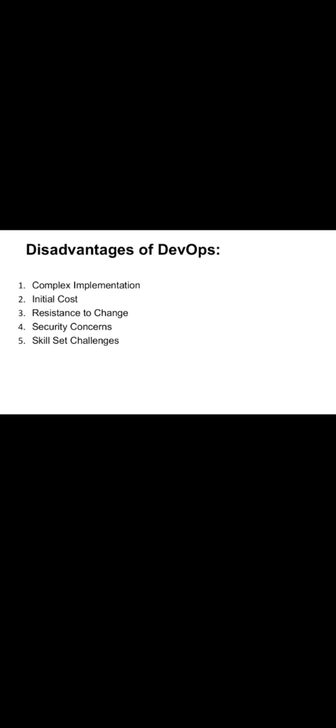Next one is resistance to change. Employees may resist change to established workflows, especially if there is a lack of understanding or appreciation for the benefits of DevOps. Next is security constraints. Rapid and continuous development can potentially introduce security issues. If not, security measures must be integrated into the DevOps pipeline.